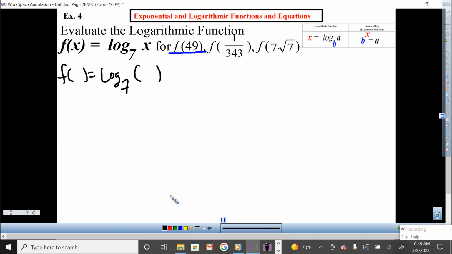Before you copy, just focus. Here it goes. So what value am I going to substitute in there? 49. In order to get started, I need to rewrite this. I cannot have a function notation on this side. What was the function notation before it became function notation?